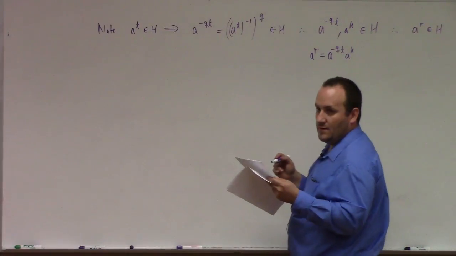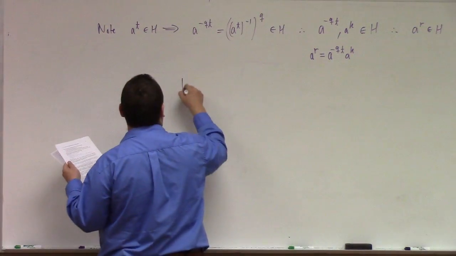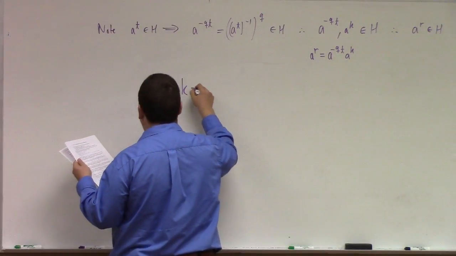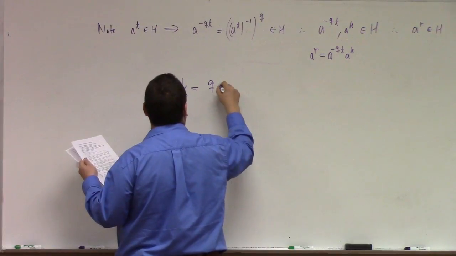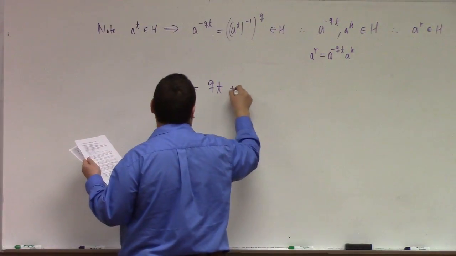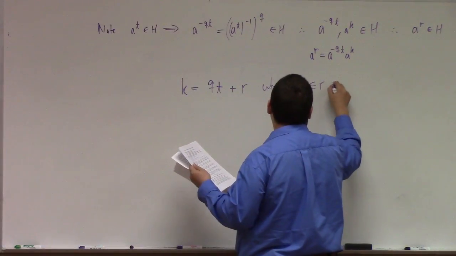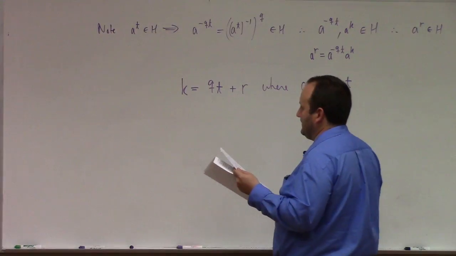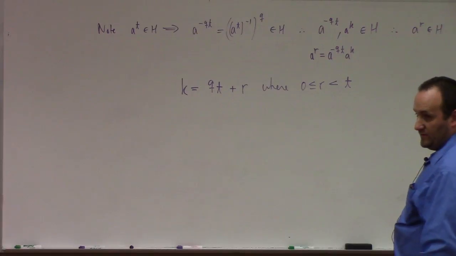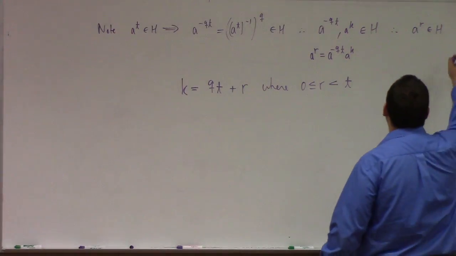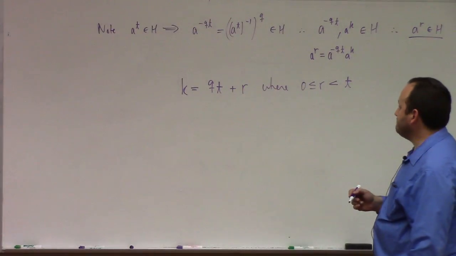Okay? But what is R? We applied the division algorithm. R and Q's fates are linked, right? K is equal to QT plus R, where 0 is less than or equal to R, which is less than T by the division algorithm. So this is an element of H, right?